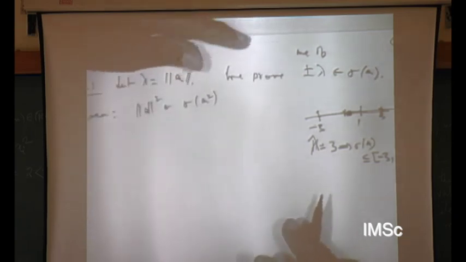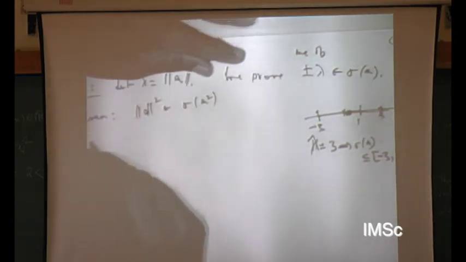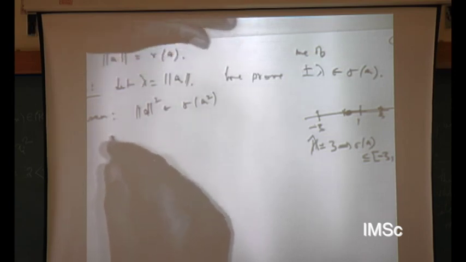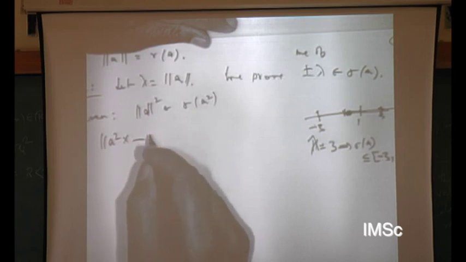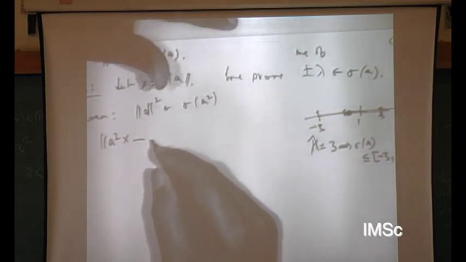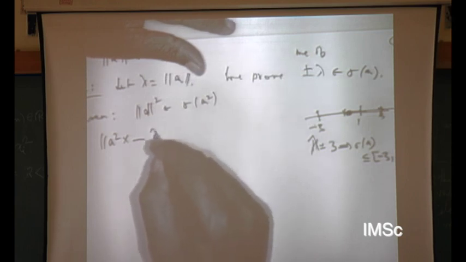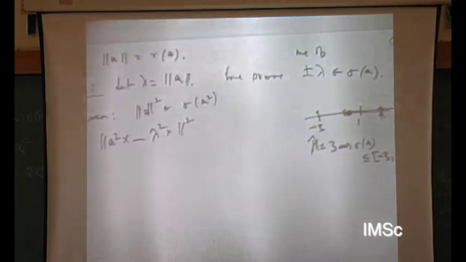Okay, now observe for any x that the norm of A squared x minus lambda squared x, the whole squared.